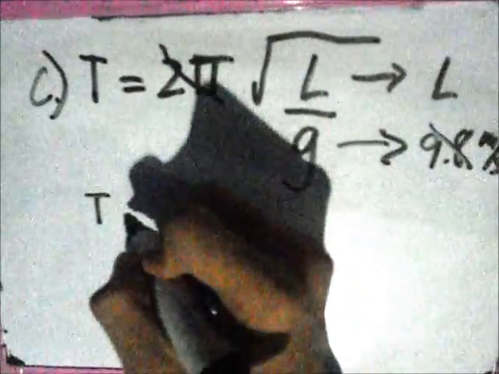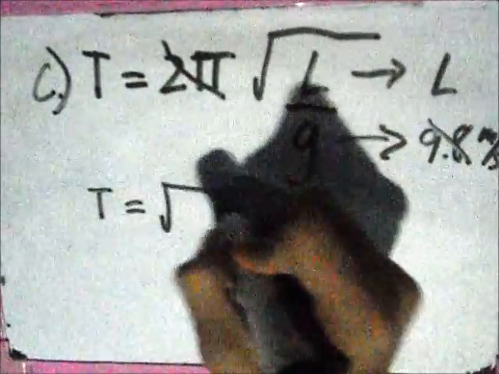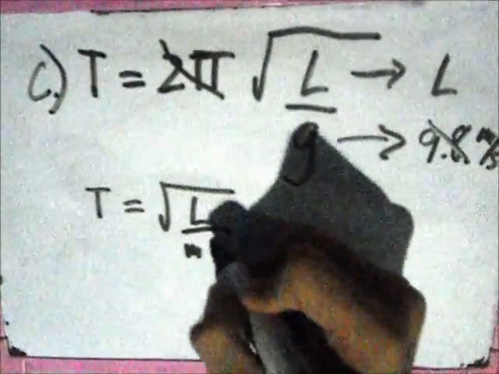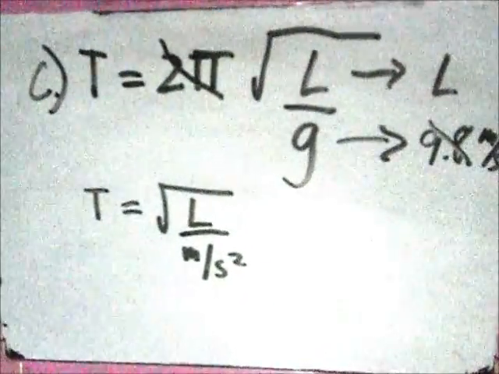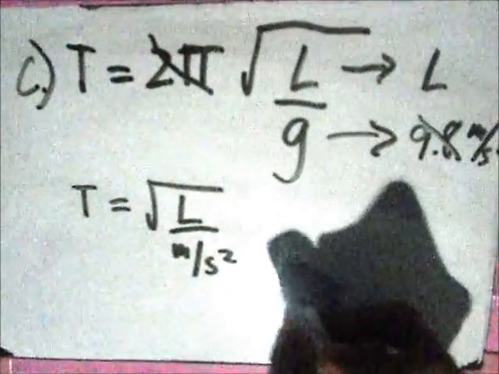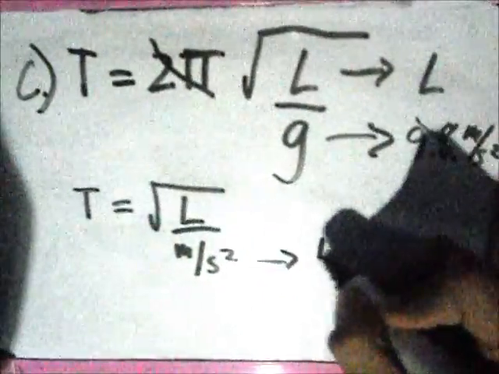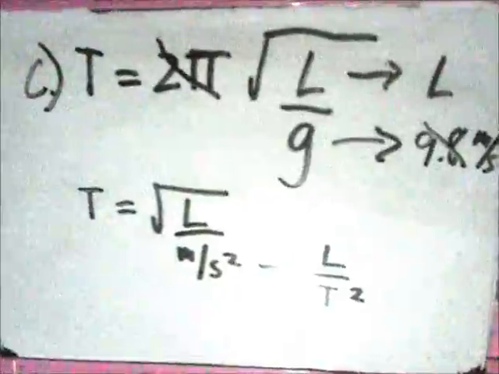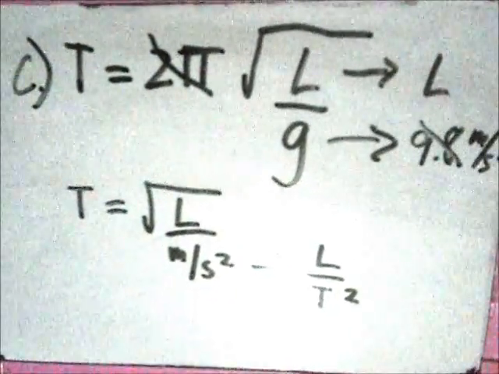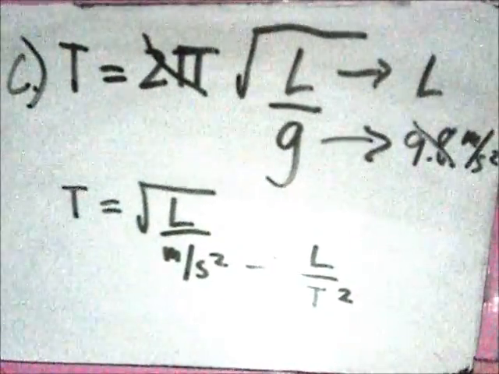Time will be equal to square root of length over meter per second squared. And now, meter per second squared can be equivalent to length over time squared. And now, let's divide length over time squared.